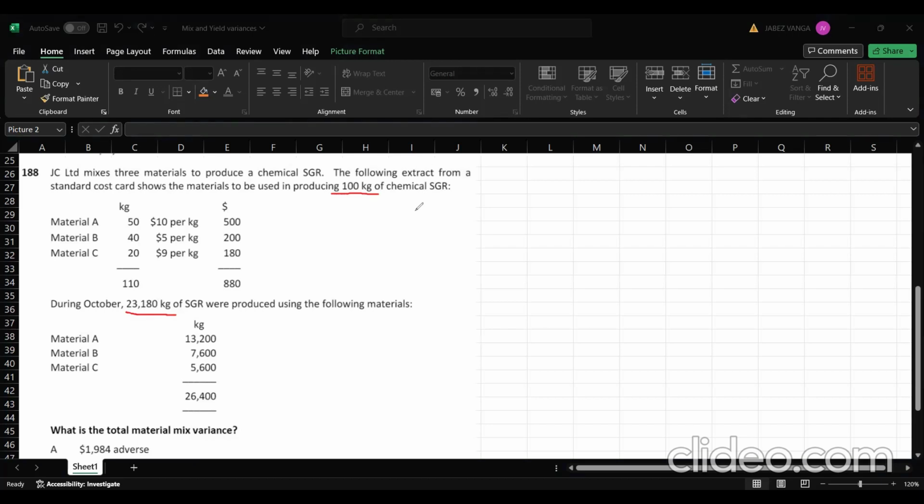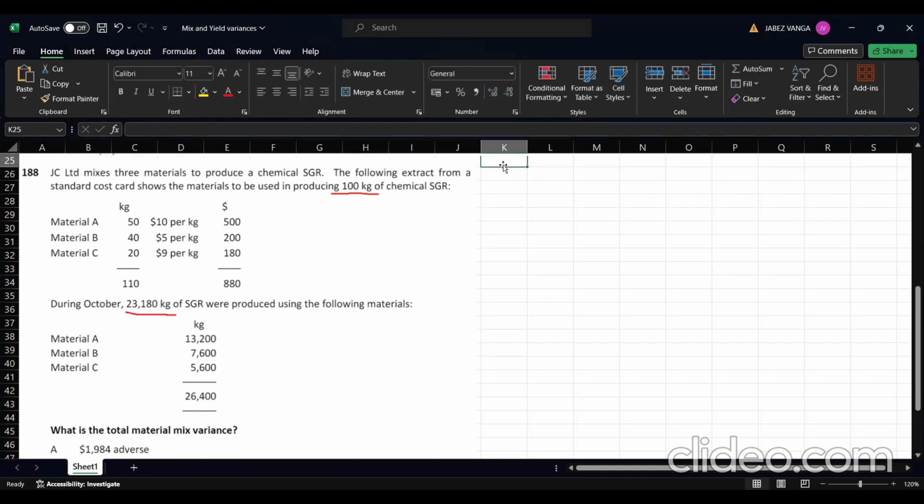So let's start calculating the material mix variance. This is question number 188 from the latest version, that is 23-24 version. Now we are answering material mix variance.